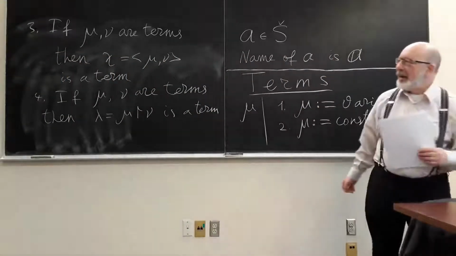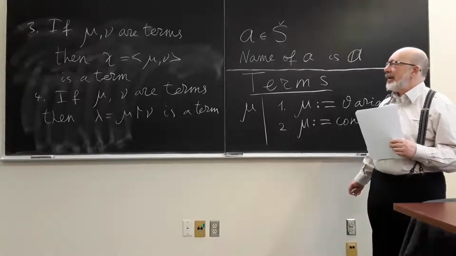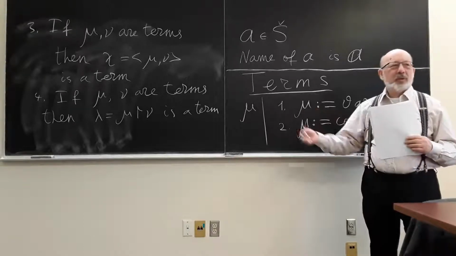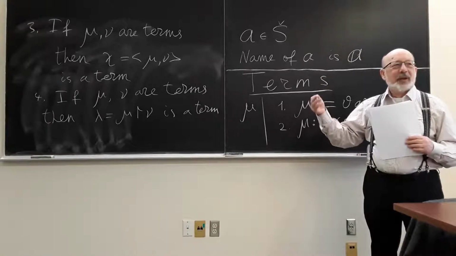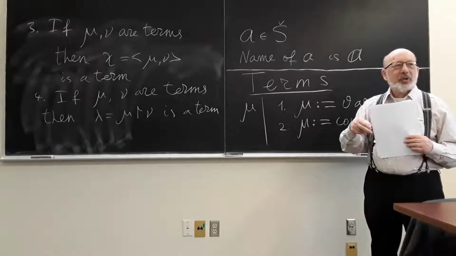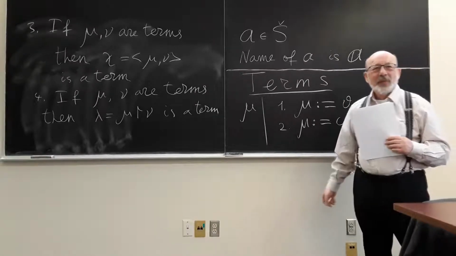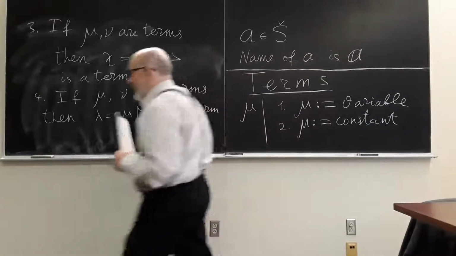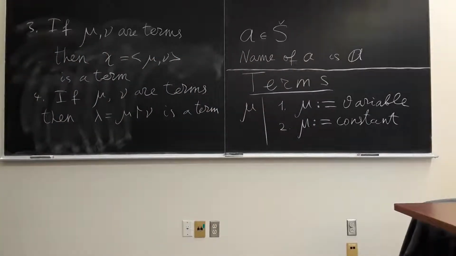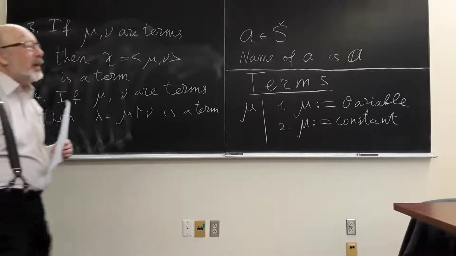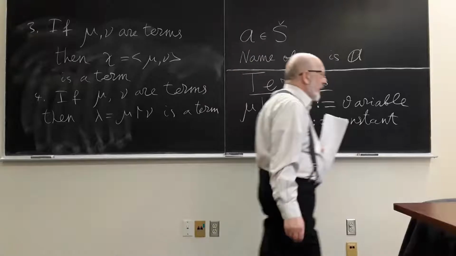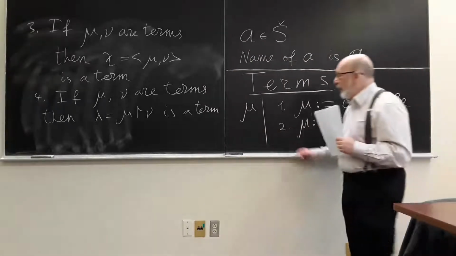So each term has, after all, the meaning of some element of our universe S. Either it is this element or it is nothing, but if it is nothing, it is empty set, which is also an element of our universe. So terms are nouns. The next construction of our mathematical language is formulas.